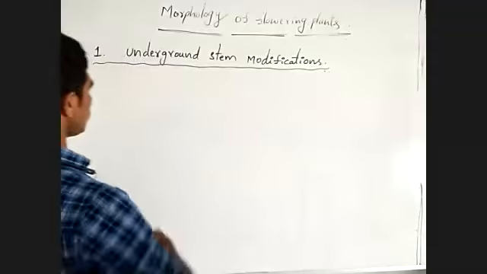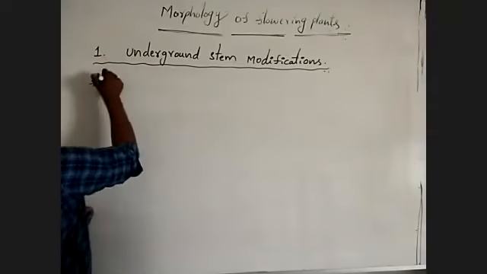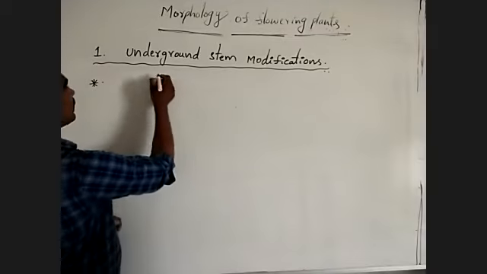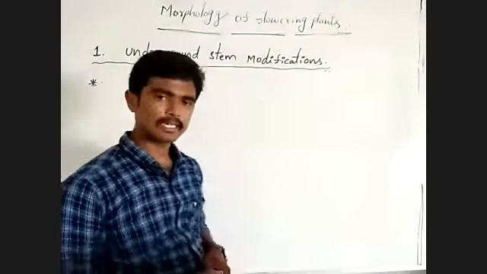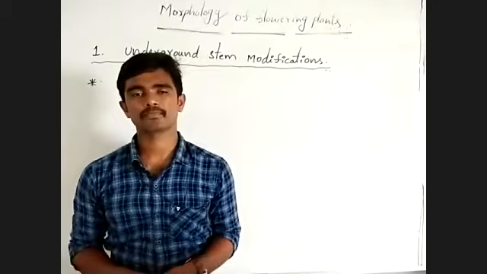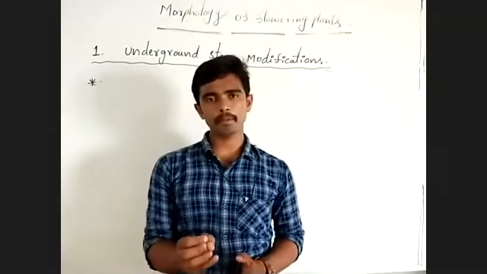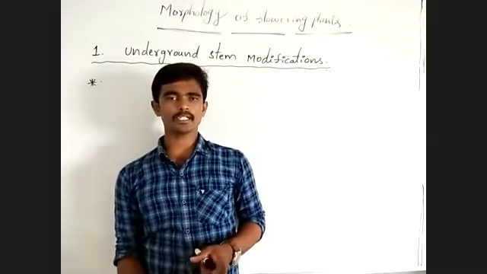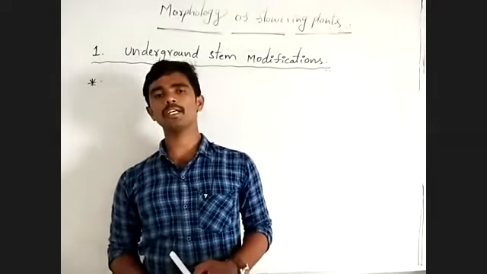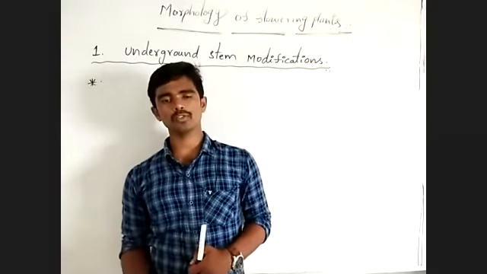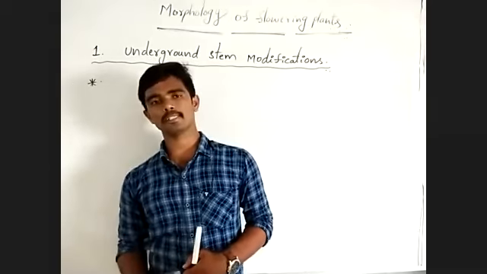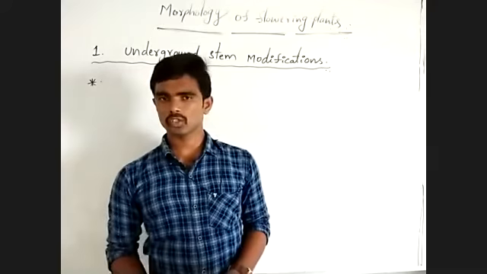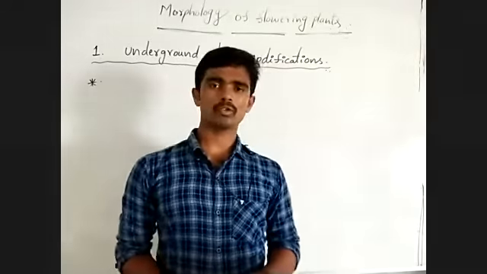First, about underground stem modification. Here, in some plants, stem is present under the ground completely. Only vegetative leaves and other parts are emerged out of the soil from the underground stem.